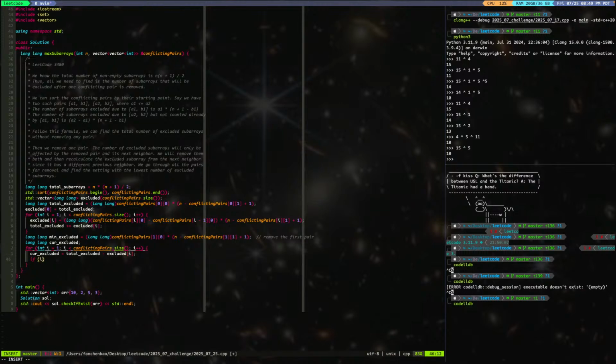If i is smaller than conflicting pairs dot size minus 1, then current excluded minus equal to excluded.